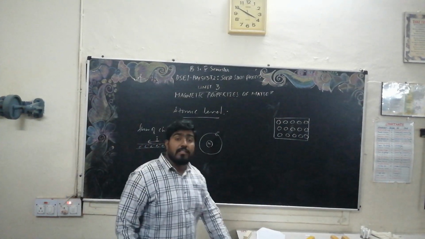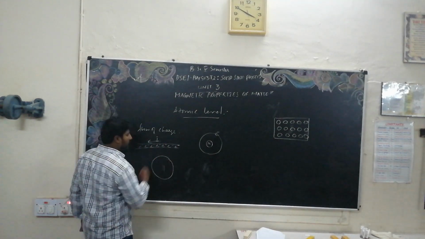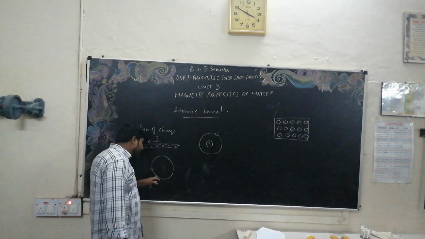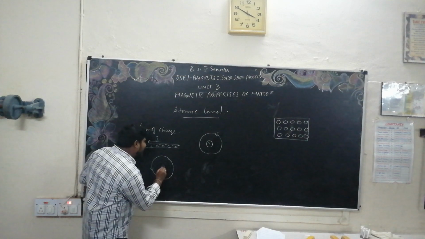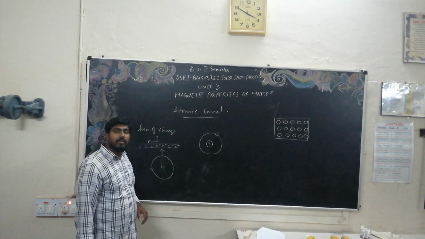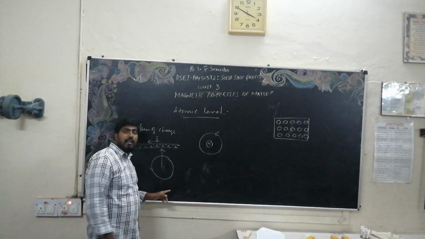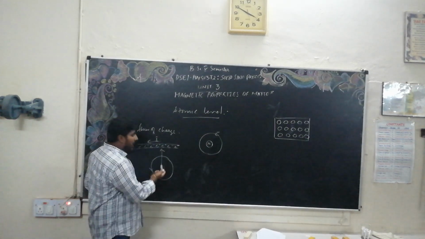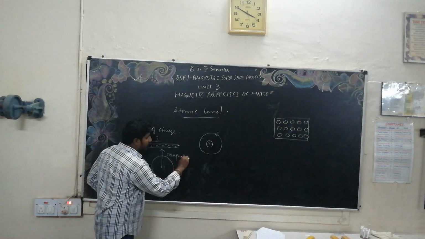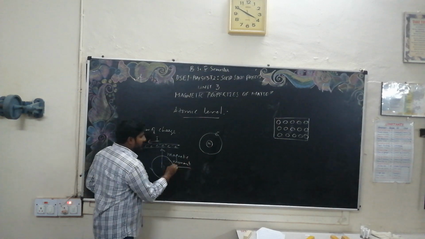If I use a circular coil carrying a current, it induces a magnetic moment. Whenever current flows in this circular coil, what we call the magnetic moment gets induced.